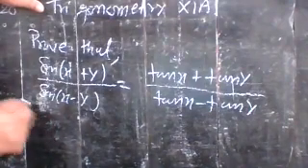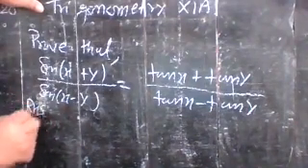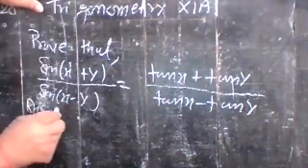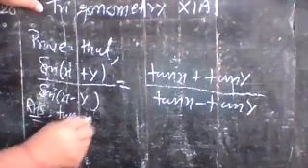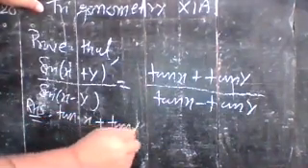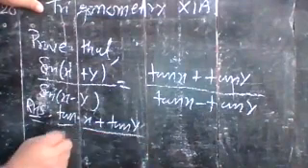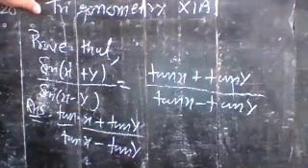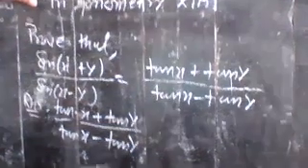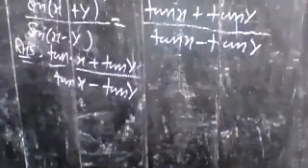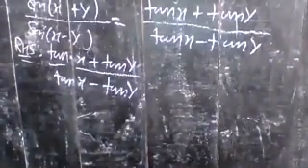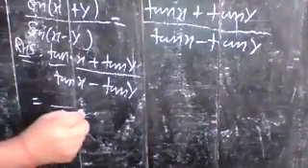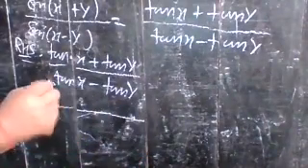Okay. So RHS is (tan x plus tan y) upon (tan x minus tan y), and change into sine cos. So what you have?